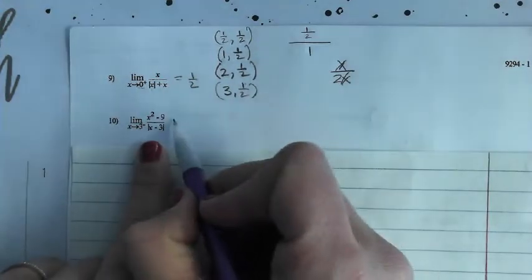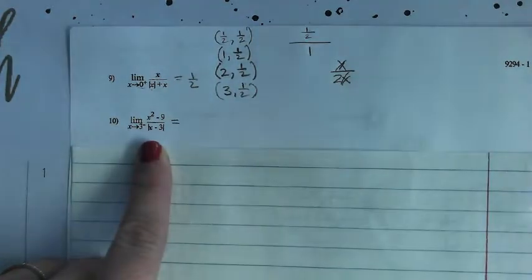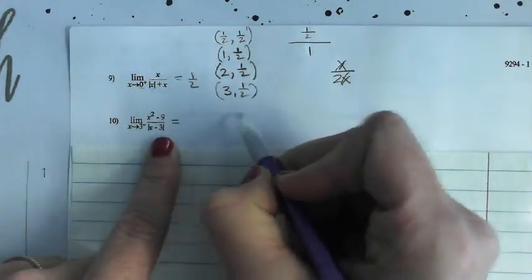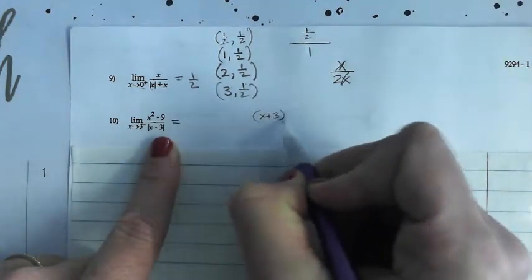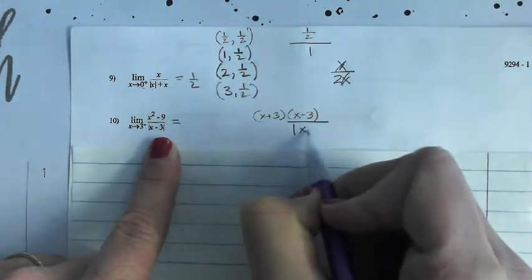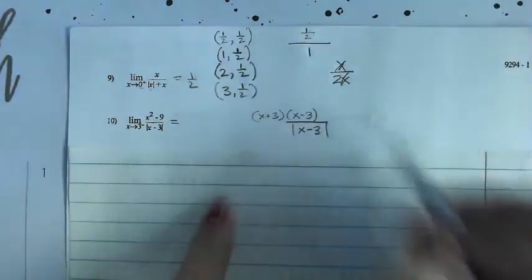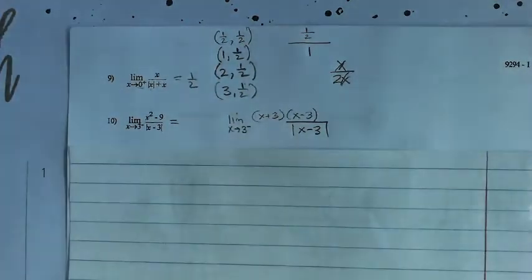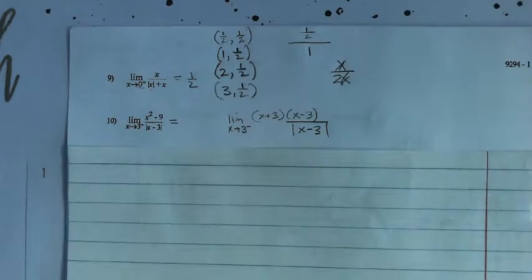In 10, I'm definitely tempted to change that numerator, x plus 3, x minus 3, and then keeping this part over |x minus 3|. This is specifically asking me to approach 3 from the left, right.